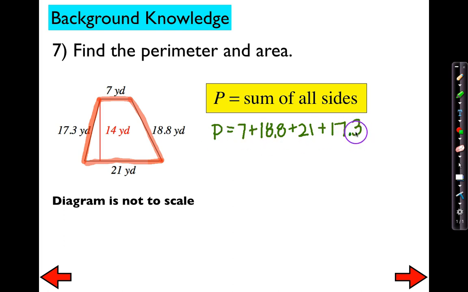So real quick, I do want to review how you're going to add numbers with decimals. First, you need to understand that with whole numbers, your decimals always belong at the end of the number. Just like so. And a good way to remember is to think about money.